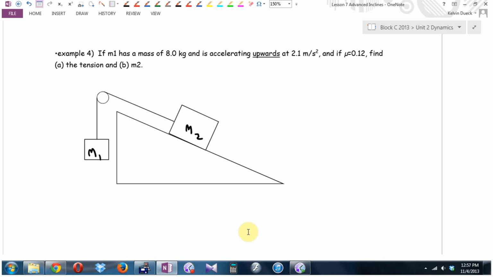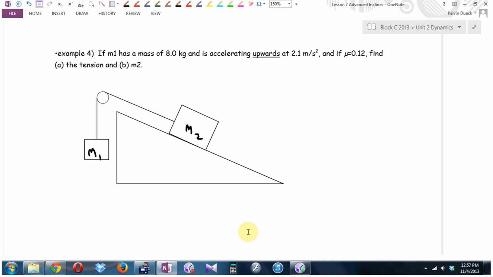Tension and? Okay, this is doing everything completely backwards. Instead of looking at both masses, writing an equation for everything, find acceleration, find tension. Now I know acceleration. Let's see if we can go backwards and find tension and find a missing mass. We're going to start out the same way.